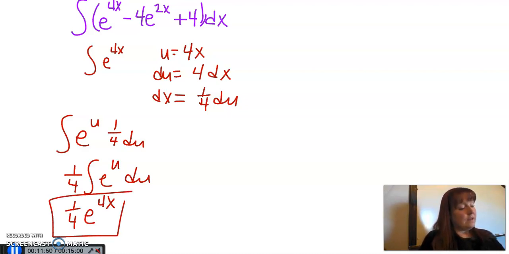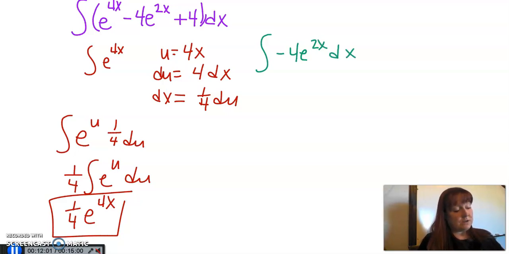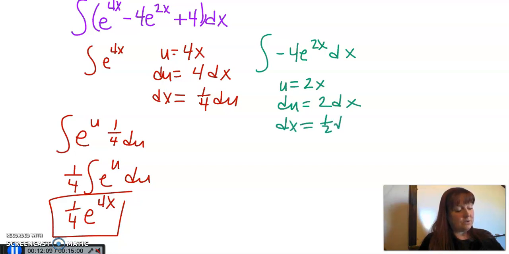Okay, then we're going to have the integral of negative 4 e to the 2x dx. Again, we're going to have a little u substitution going on here. So we're going to have u equals 2x, therefore du equals 2 dx, therefore dx equals 1/2 du.